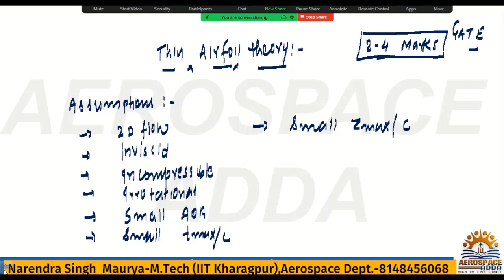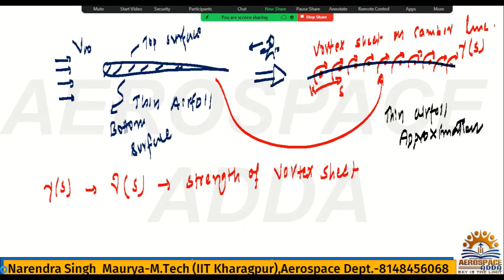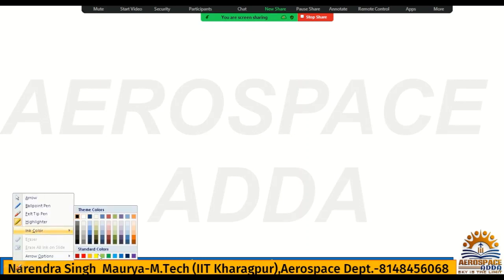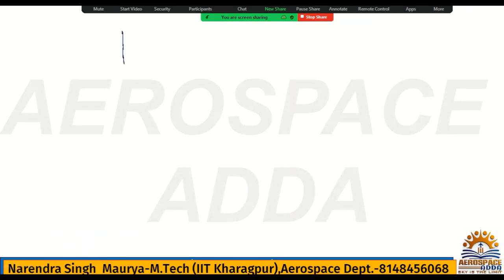So this distribution of vortices, as I told you, you can show in two ways. I'll show that. See, this is the thin airfoil. This is the coordinate system: this is z, and this is x.